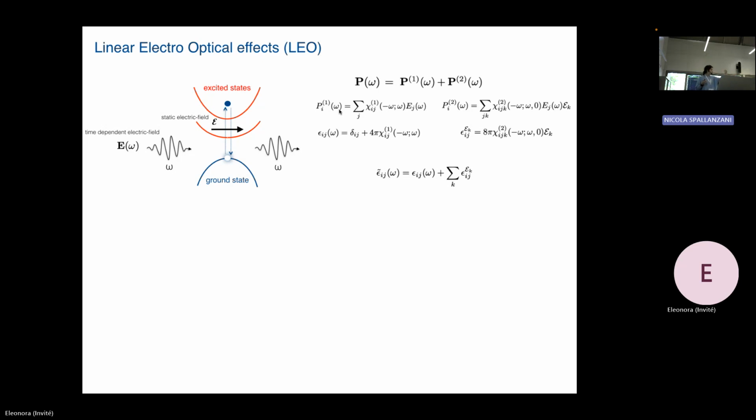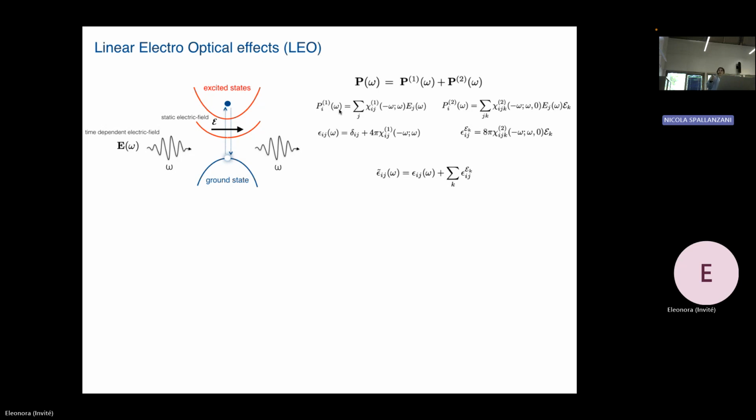So you have a second order polarization, but you see here you have omega, the frequency of the incoming field, and minus omega, the frequency of the outgoing field. Basically, these two mix together: we have something from the first order and something from the second order mixed together. What changes is epsilon.